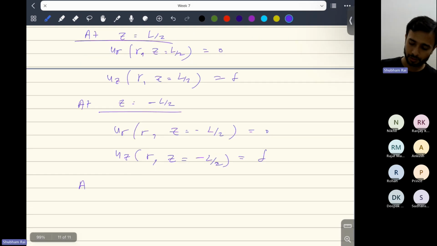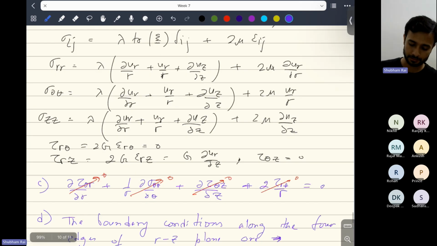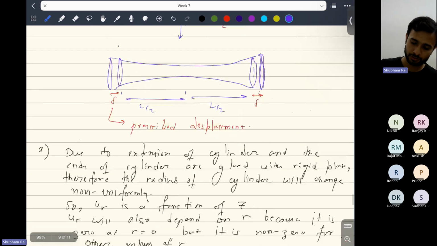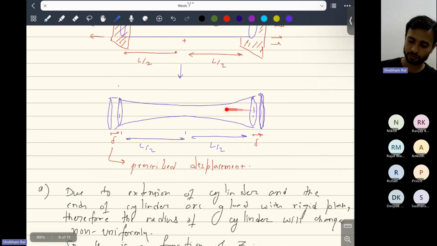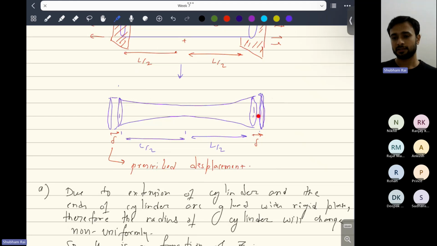Then you have some boundary condition at radius is equal to 0. At radius is equal to 0, UR will be 0, because the central line of this solid cylindrical body, the axis, will not have any radial deformation. It is a symmetrical deformation in terms of radius.